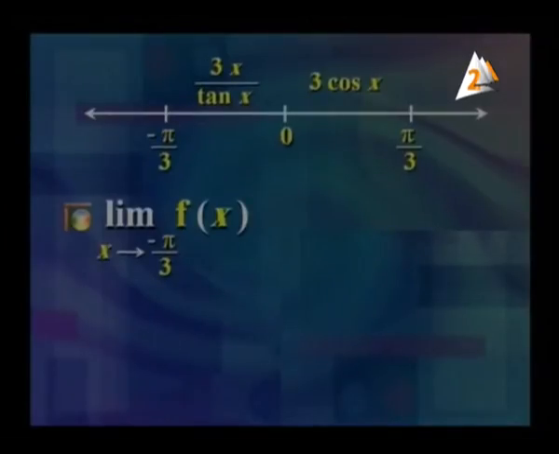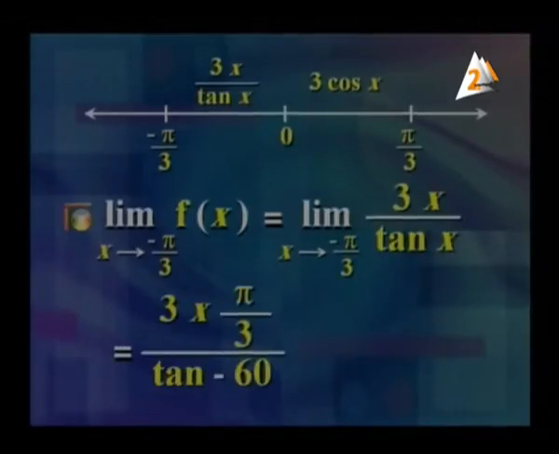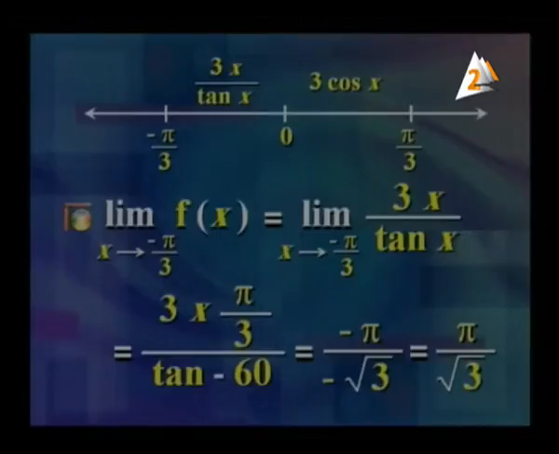The limit of f of x when x tends to negative pi over 3, by substitution of x equals negative pi over 3: 3 times negative pi over 3 over 10 negative 60 equals negative pi over negative root 3, which equals pi over root 3.